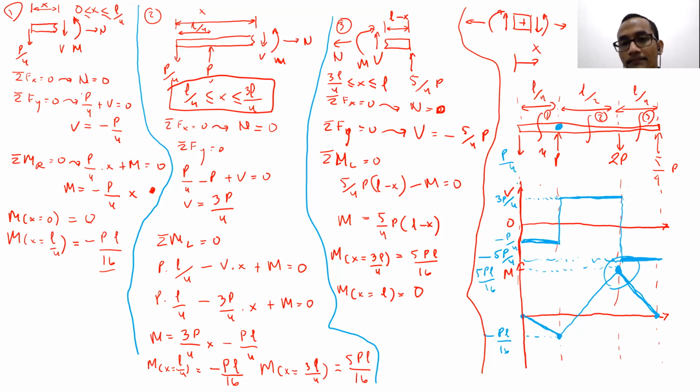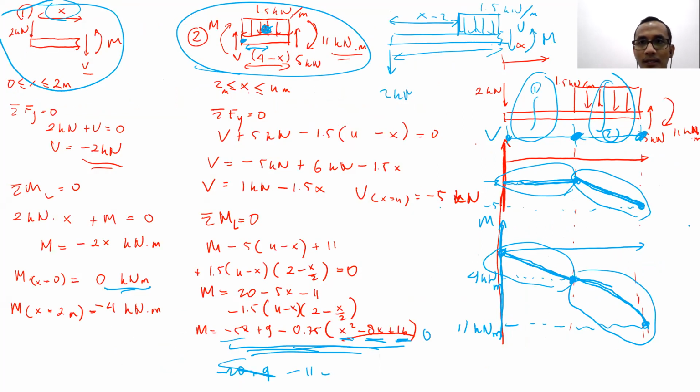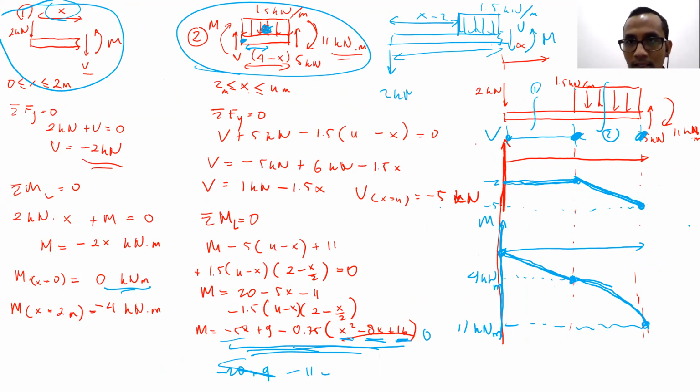But do you get my explanation on where we're supposed to put the cut? We are not supposed to put the cut right at the intersection like that.